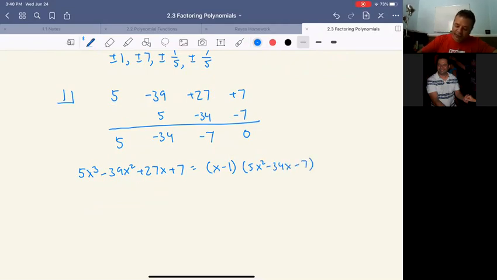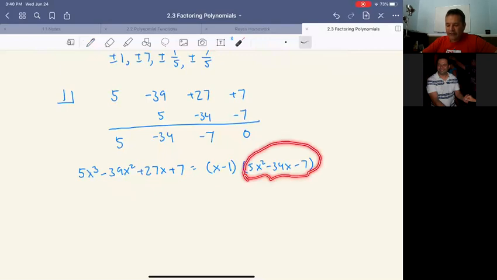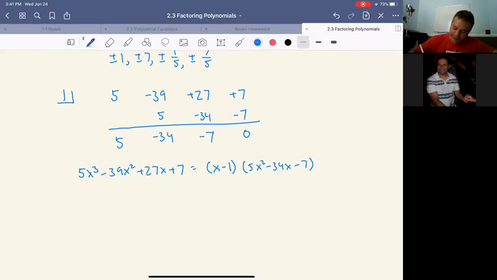We can still factor this. Now, my rule is if I can factor it, I'm going to factor it. If not, when I see a quadratic, I'm going to use the quadratic equation. I can see where this factors because I know 5 times 7 is 35, and 35 minus 1 is 34.